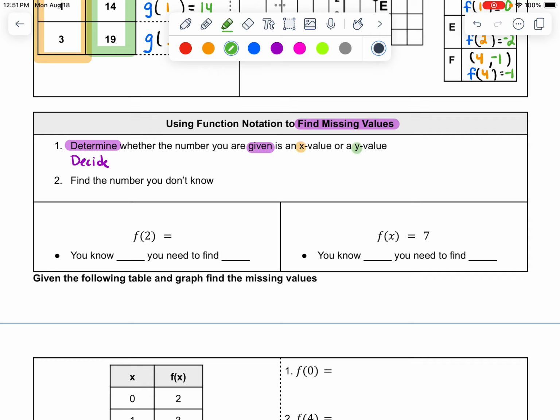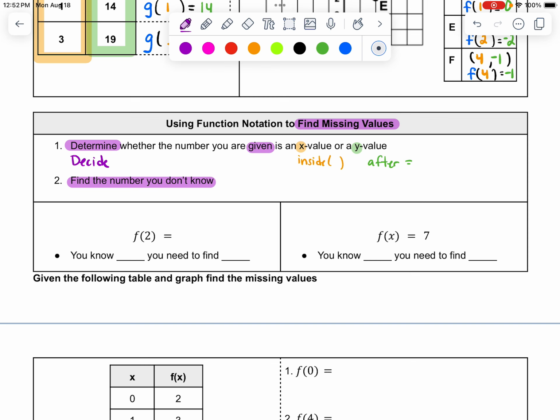So you're going to know either an x or a y. You're going to know you have an x if it's inside the parentheses, and you're going to know you have a y if it's after the equal sign. Once you decide what number you know, then your job is to find the number you don't know.